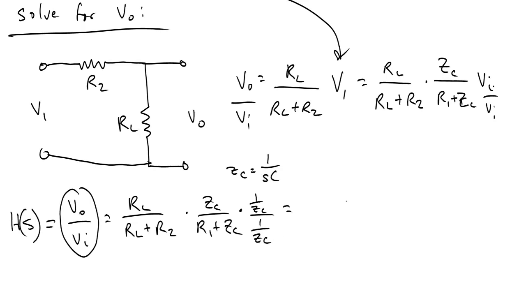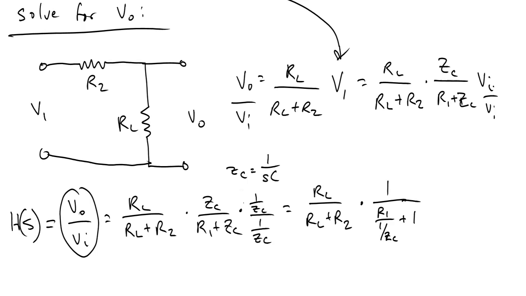And that will give us RL over RL plus R2 times 1 over R1 over ZC plus 1.